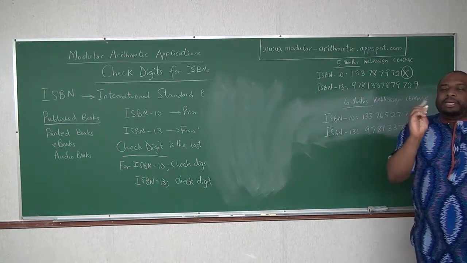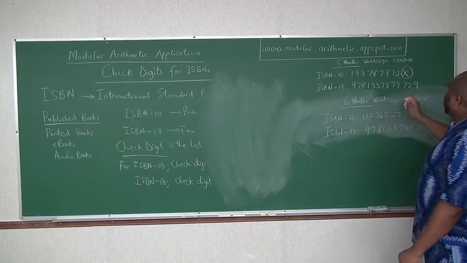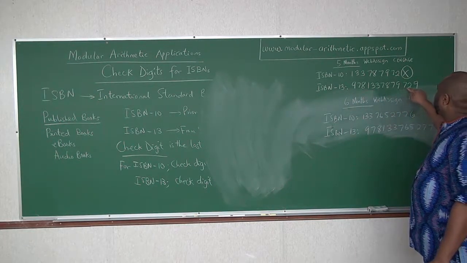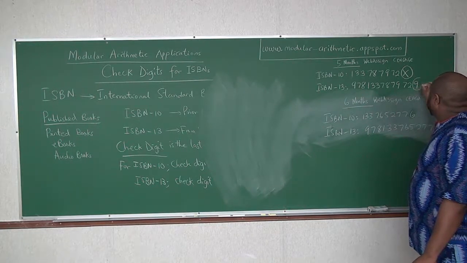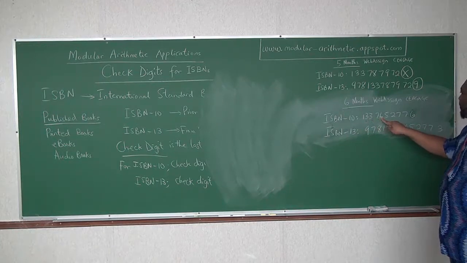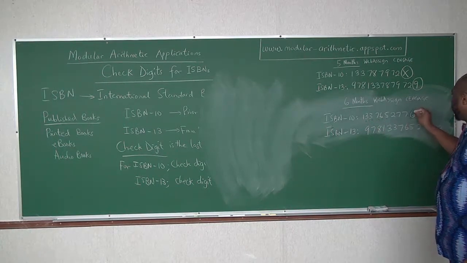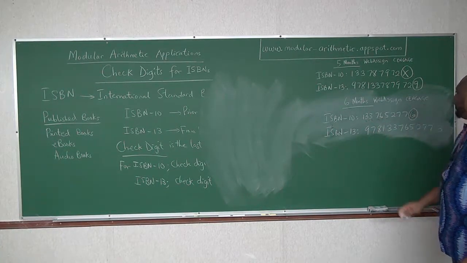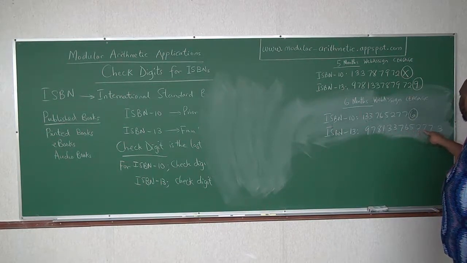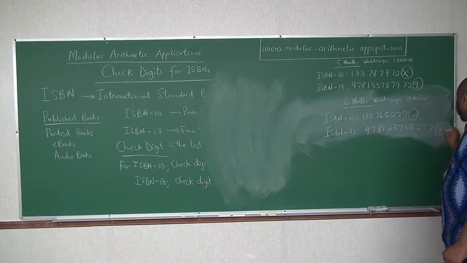I'm using a yellow chalk to circle it. Now this is 1, 2, 3, 4, 5, 6, 7, 8, 9, 10, 11, 12, 13 digits. This is the check digit here, the 10th digit, and for ISBN-13, this is the check digit, the 13th.